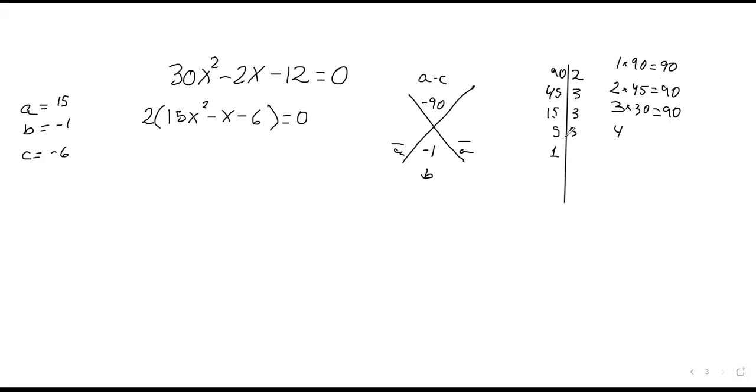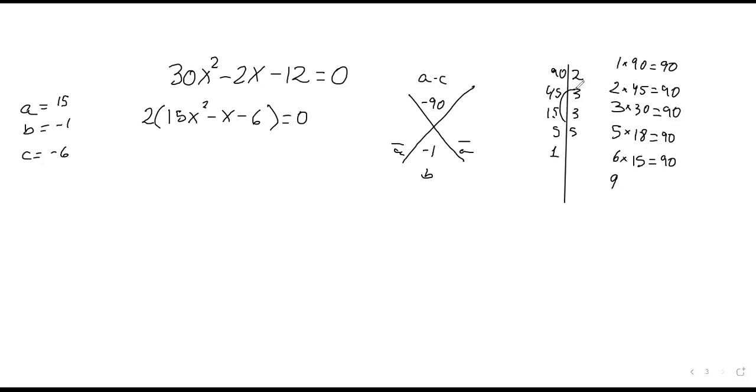For 4, there is no way I can have a 4. 5 is 5 times 9 times 15, 5 times 18. Then 6, it will be 6 times 15. There is no way to have a 7 or an 8.